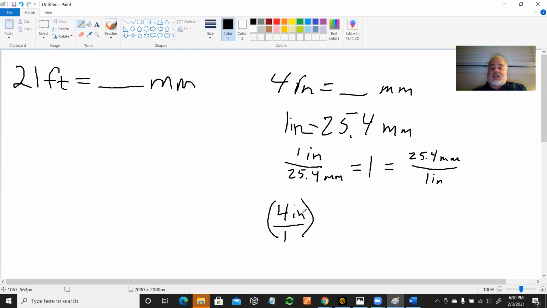I want to get rid of inches and end up with millimeters. How do I do that? Well, if I've got inches in the top to start with, I need inches in the bottom to get rid of it. So this is the one that is going to get me across the finish line.